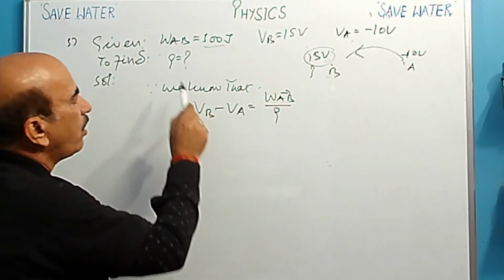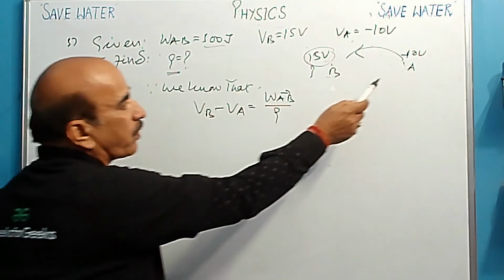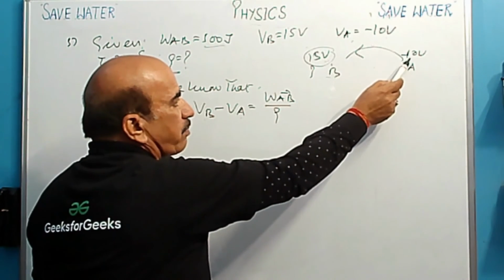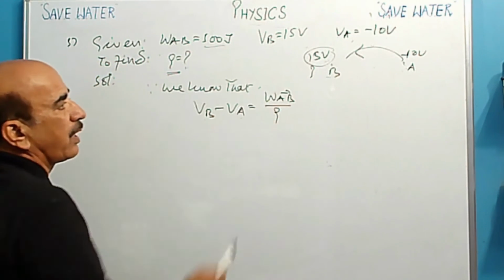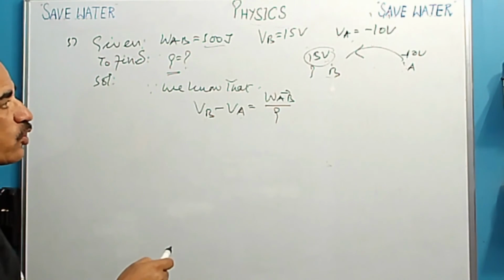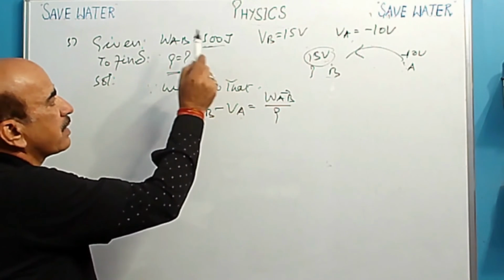Next question क्या है देखो, how much charge we have to find out. How much charge should be moved from point A, which has minus 10 volt potential, to point B, which has 15 volt potential? Okay, so that work done is 100 joules.